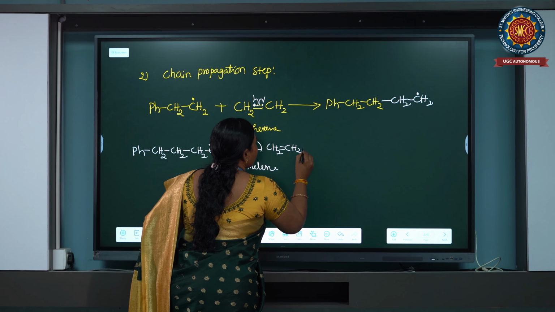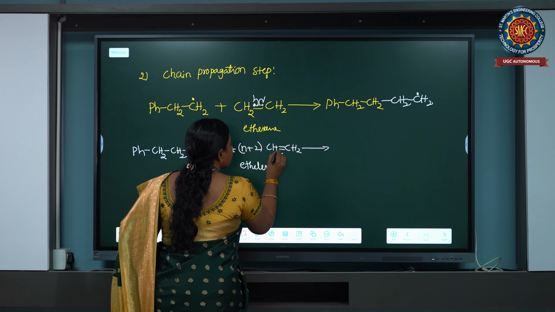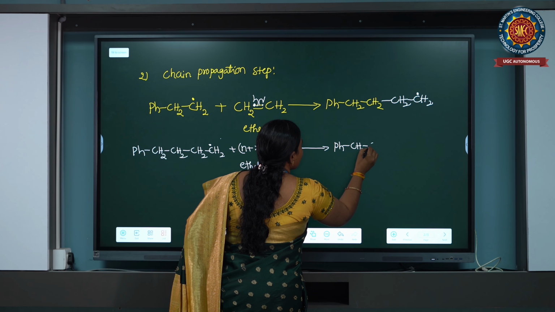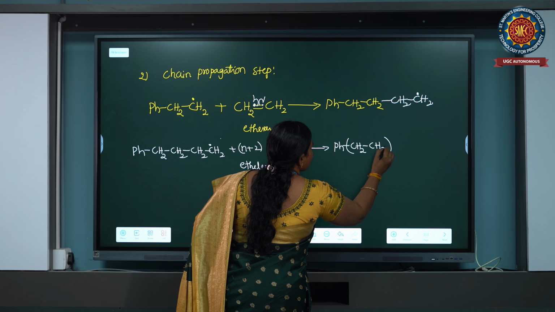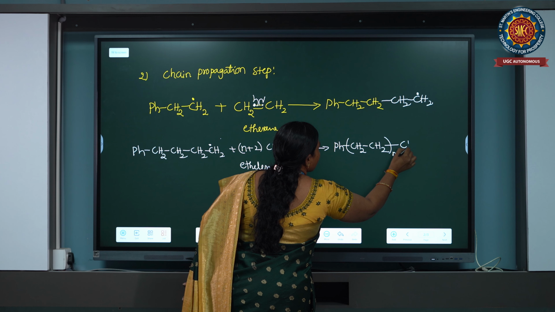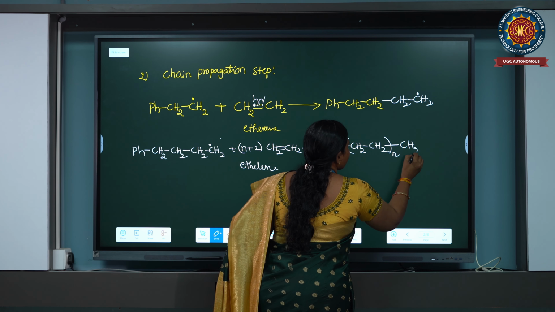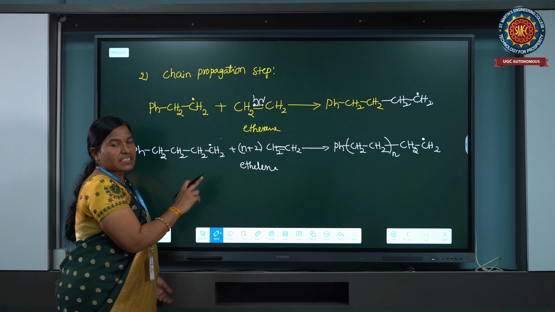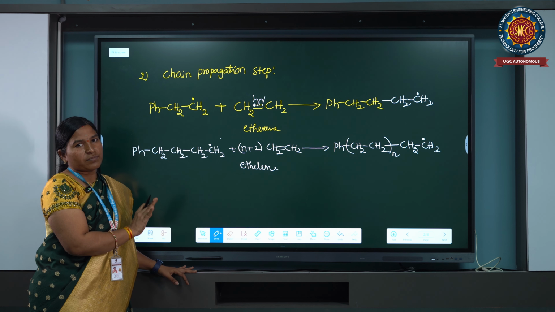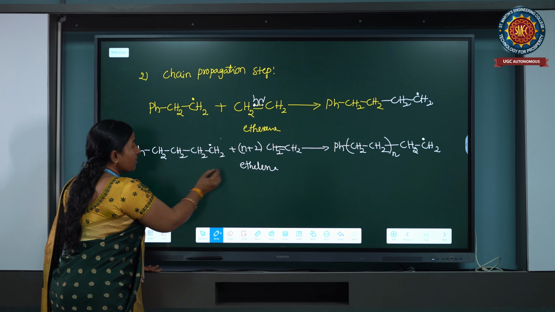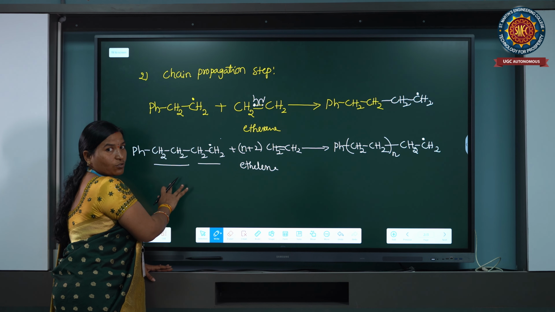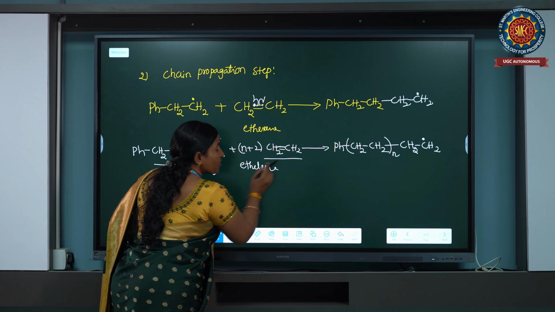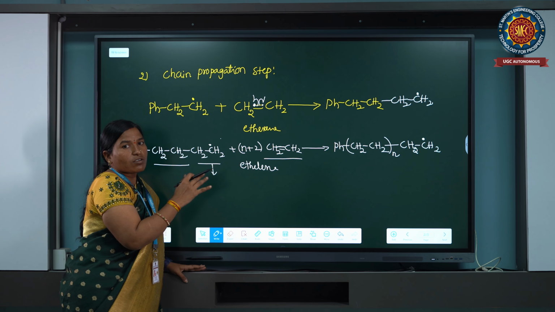Now each and every monomer combines, breaking and forming bonds, making a long chain of n units ending in a CH2 radical. This is the chain propagation step. Here we already took two monomers, then there is the formation of the chain. Next it is going to combine and form a long chain.